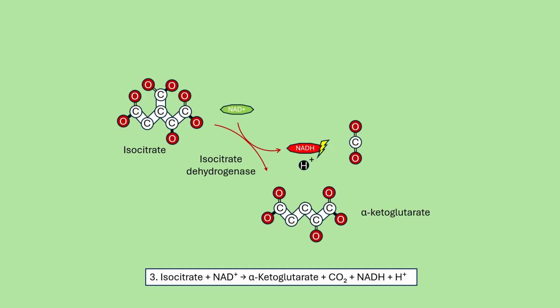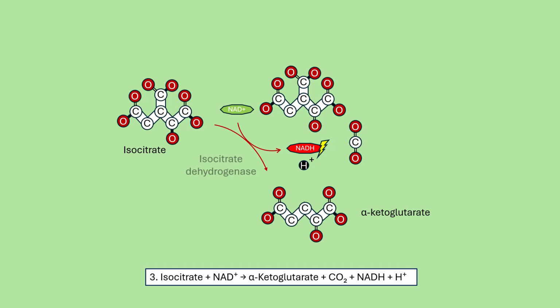Step 3 is a major part of the Krebs cycle, and it's definitely worth memorizing. Isocitrate dehydrogenase catalyzes the first decarboxylation and oxidation step. First, isocitrate is oxidized. NAD is reduced to NADH and a proton, and when it does this, the same OH group that we moved in the last step becomes a carbonyl group.